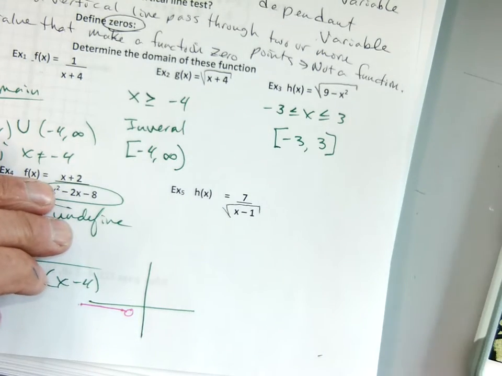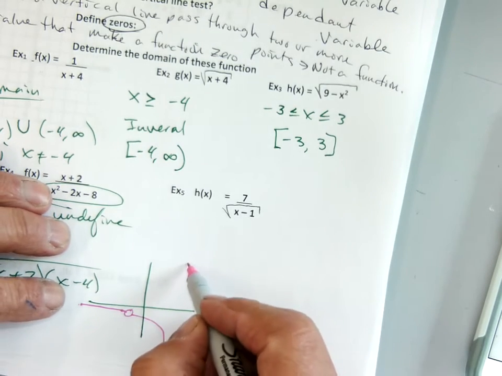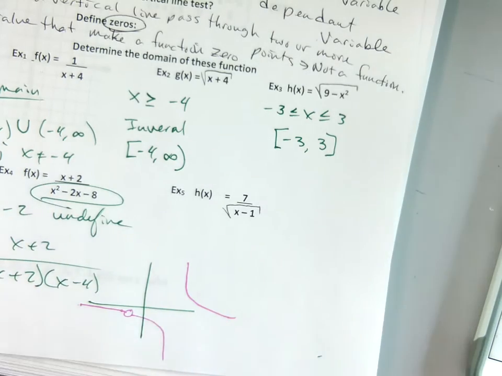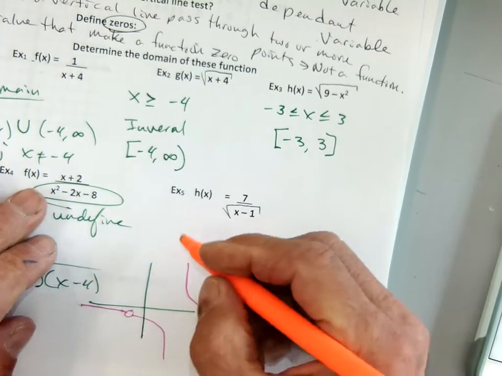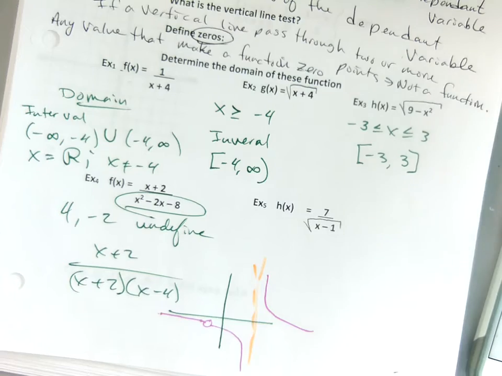Is that why it's all in Desmos? Yeah, and you won't see the size of the hole because it is infinitesimally thin. Okay. All right. So, if it's removable, it's a hole.